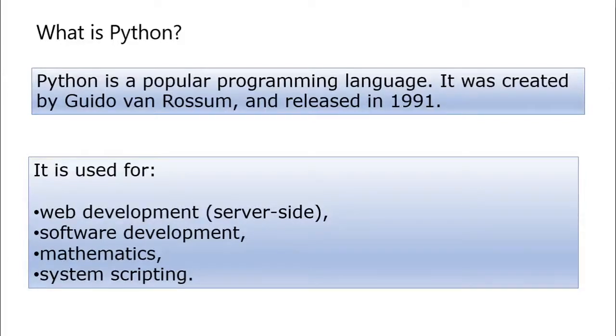And we can also write system scripting, meaning whatever scripting is needed to run or configure the system, with the help of Python. So these are the main uses: we can develop web applications, develop software for standalone machines, write different mathematical programs, and write different scripts for system configuration.